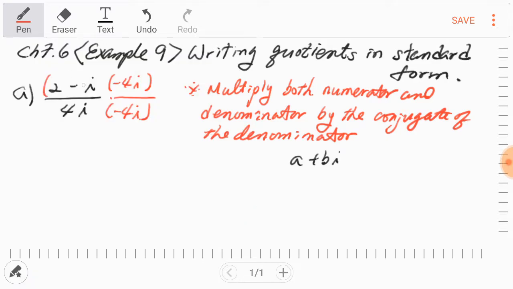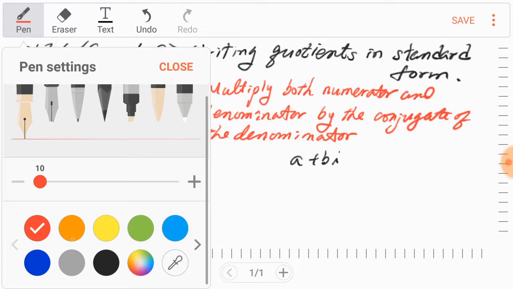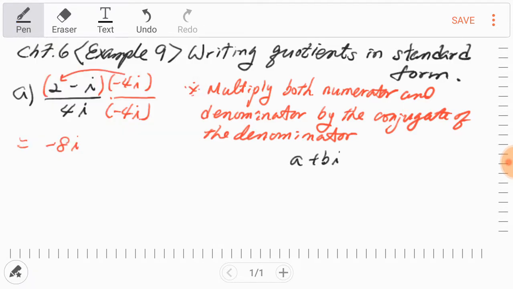Then distribute negative 4i. So this is equal to 2 times negative 4i, which is negative 8i. And then multiply negative i and negative 4i.